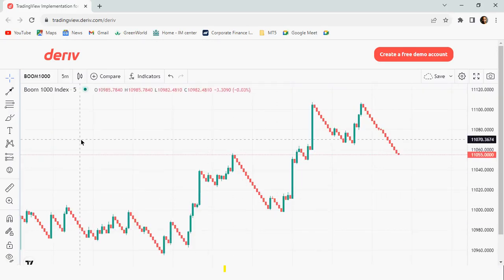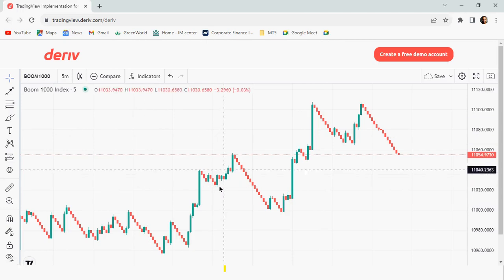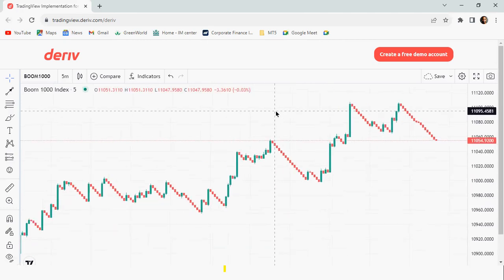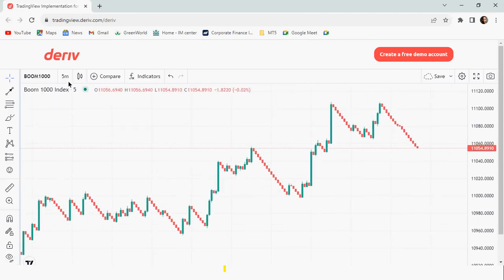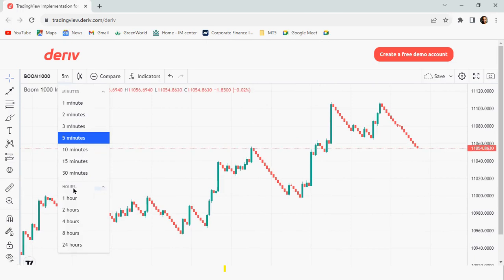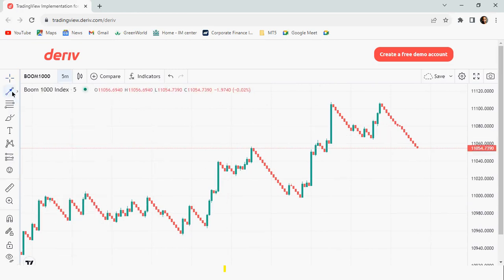Okay, so now, this is the 5 minute time frame. And Boom 1000 has been in an uptrend. Okay, so now, the first point is that if the price is approaching support, what we are saying is that you trade the bounce, easy.